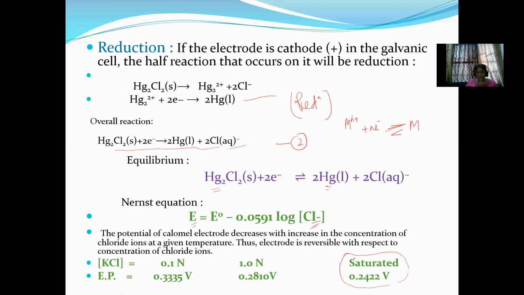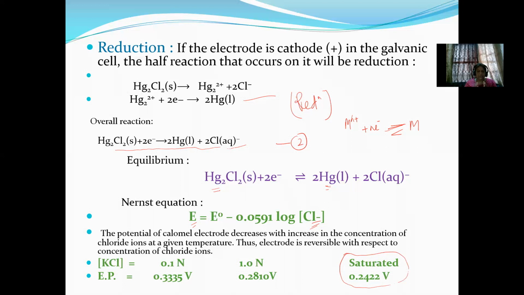Saturated solution of potassium chloride, when used in the electrode, its electrode potential is 0.2422 volt. You should remember this voltage since it is the most widely used calomel electrode.